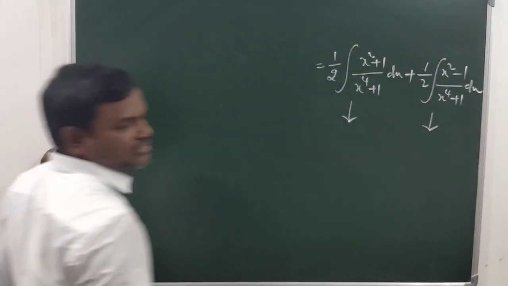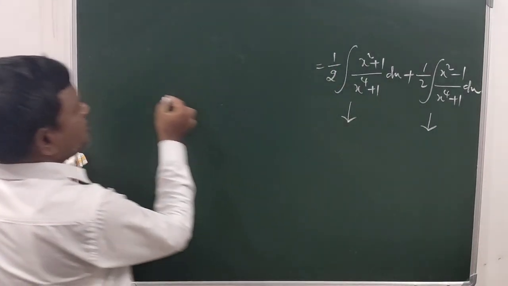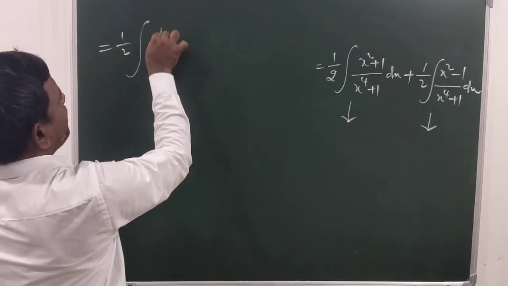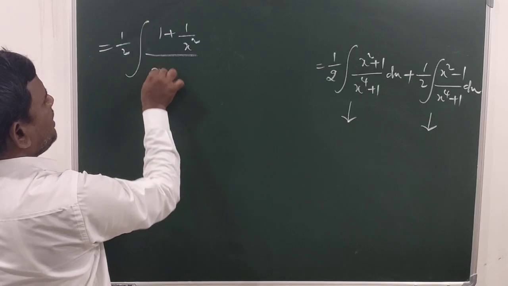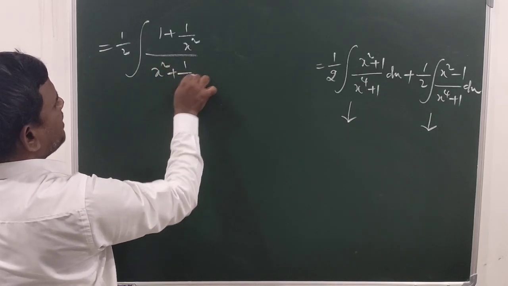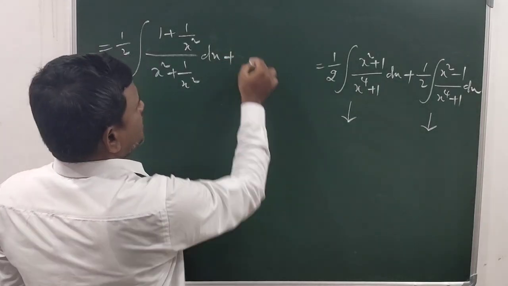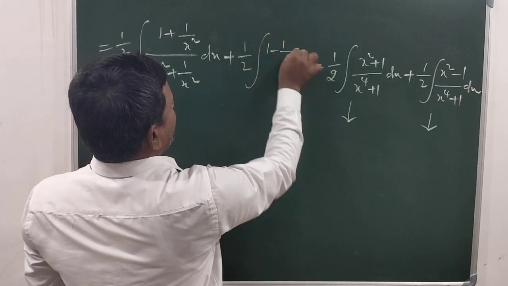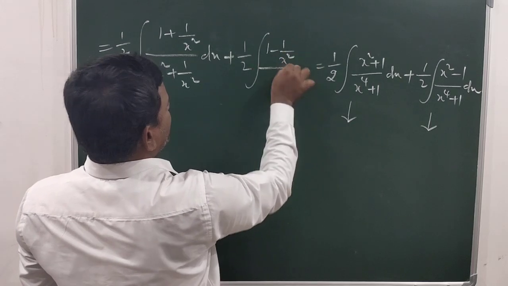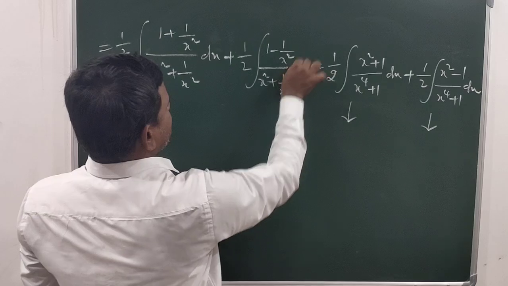There also take x square common from numerator and denominator and cancel. So finally what do you get? 1 by 2 integral of 1 plus 1 by x square by x square plus 1 by x square dx plus there also 1 by 2 integral of 1 minus 1 by x square by x square plus 1 by x square dx.